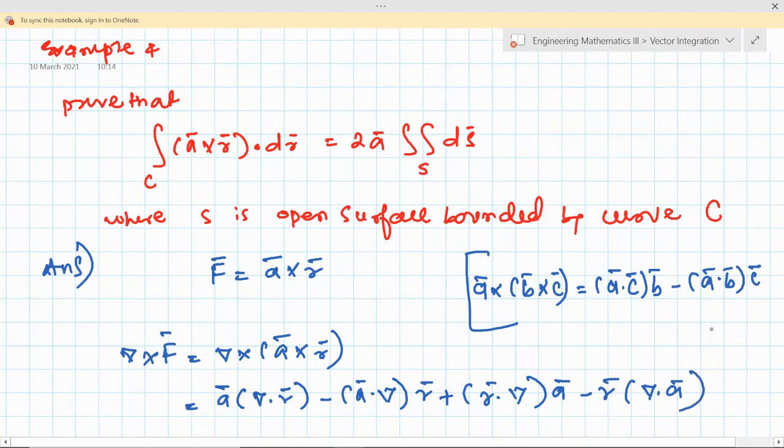Because we are operating del here, we need to apply a vector identity that we have seen.